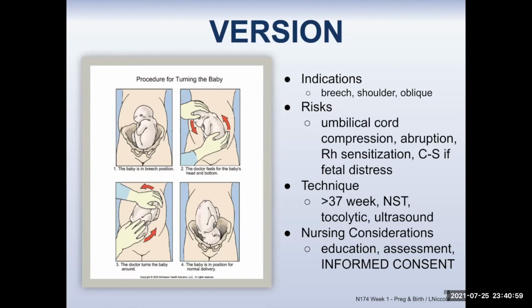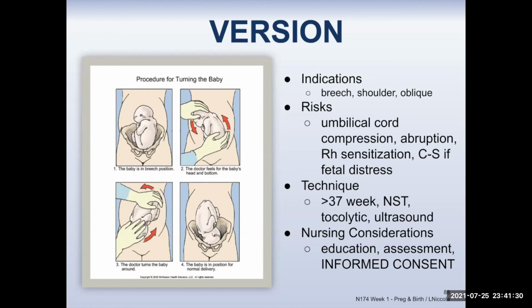So as mom goes through the last month of her pregnancy, we are checking to see, is that head down or not? And if it is not, the physician will offer to do a version procedure, where they go into the hospital or a birthing center, and we do an ultrasound.